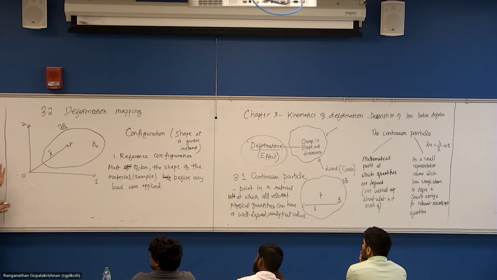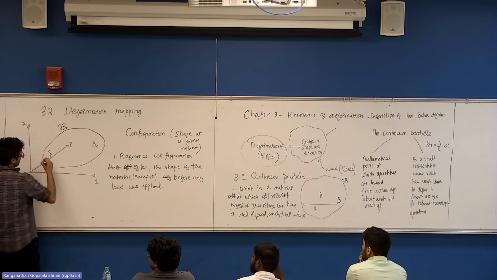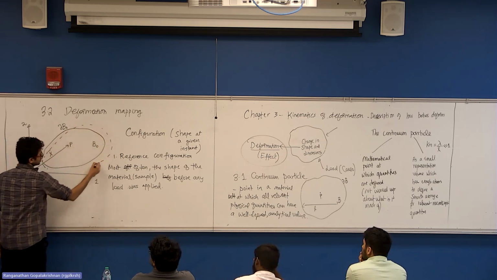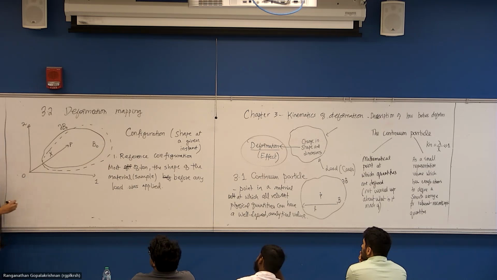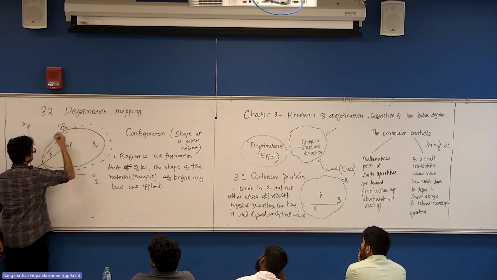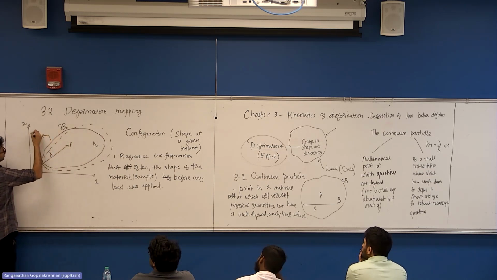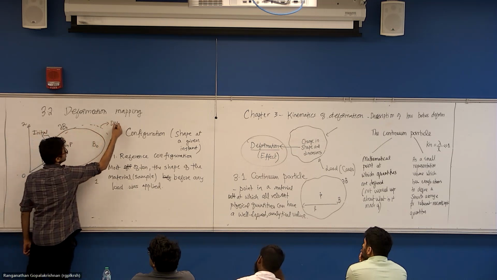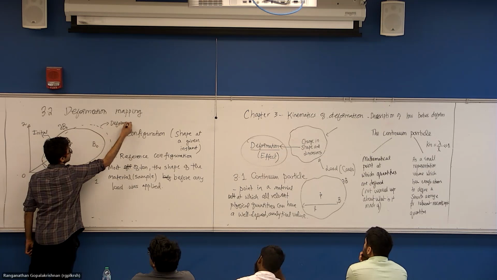Now we do our loading. Loading leads to change in shape or deformation. And let's say the deformed shape looks something like this. So this solid line is the initial shape, and this dashed line is the deformed shape.